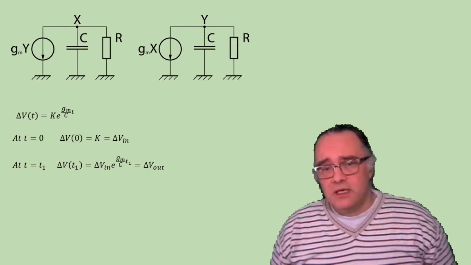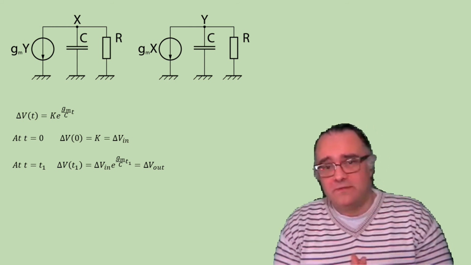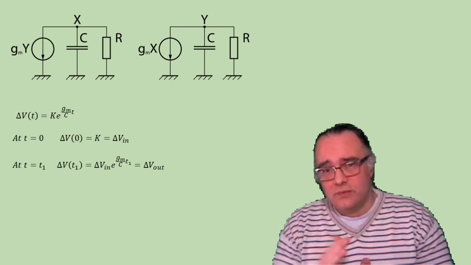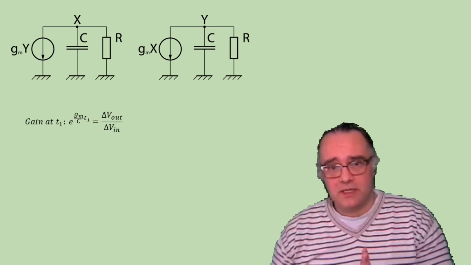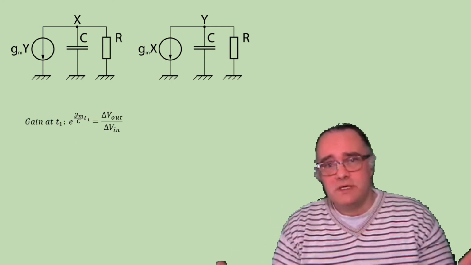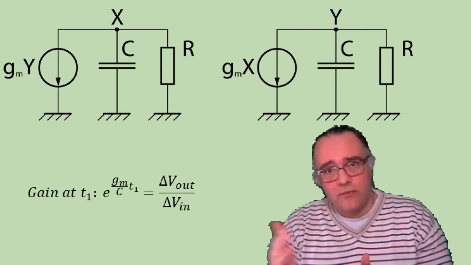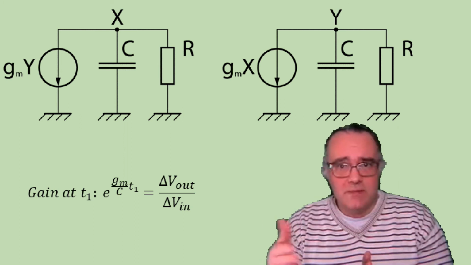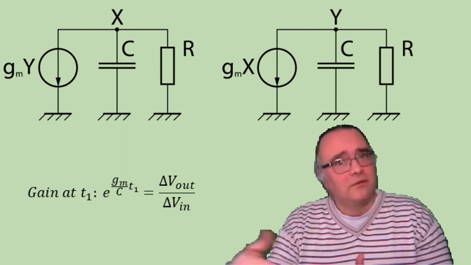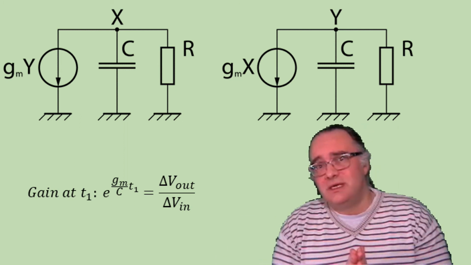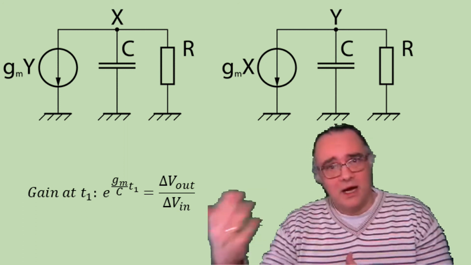So now we can define the gain of the latch as the ratio between the output voltage and the input voltage, and it will be simply the exponential function, with a positive exponent of the time constant Gm divided by C, times T. The more time we have, the higher the gain.